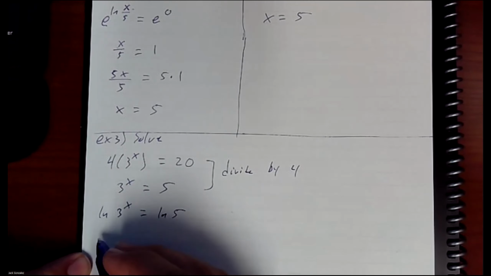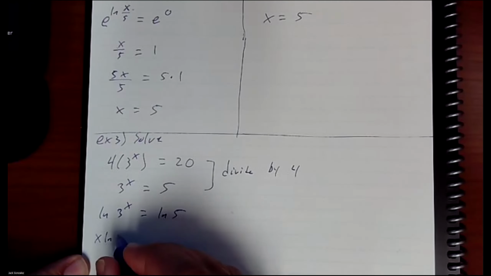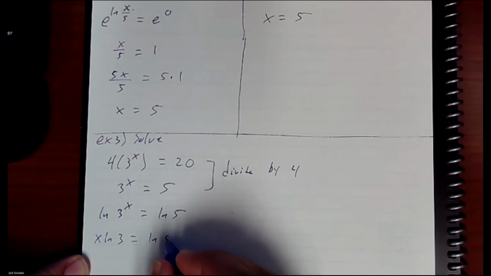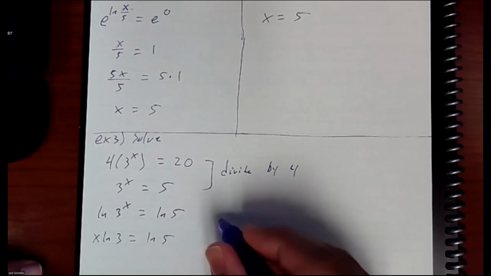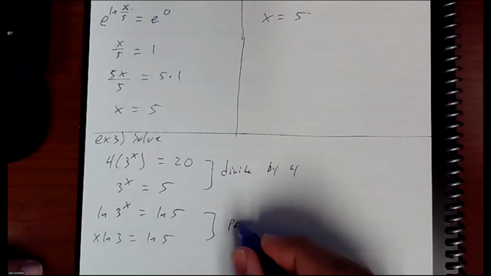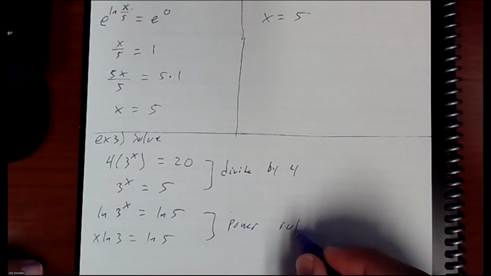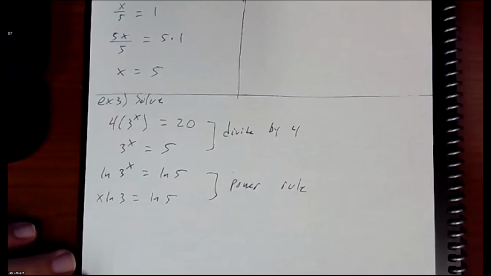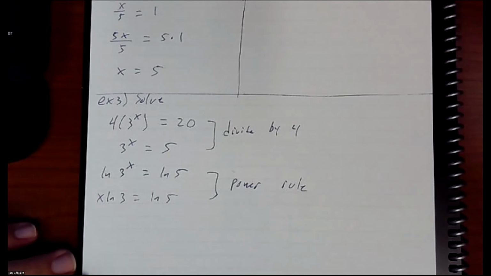Once you've done that, bring the variable down. That was the power rule, after I've introduced logs.